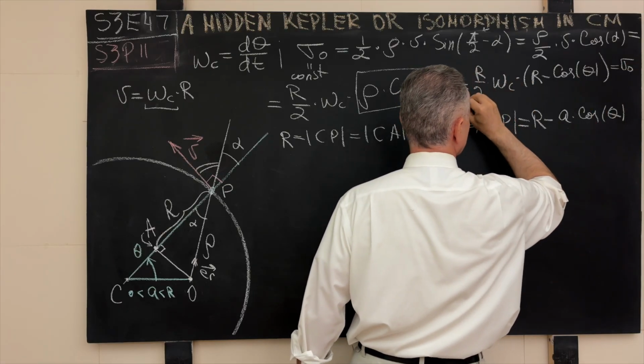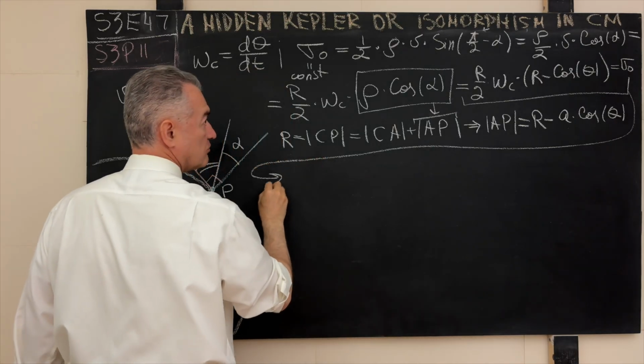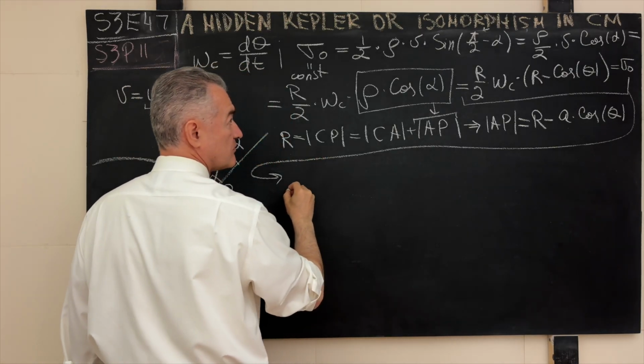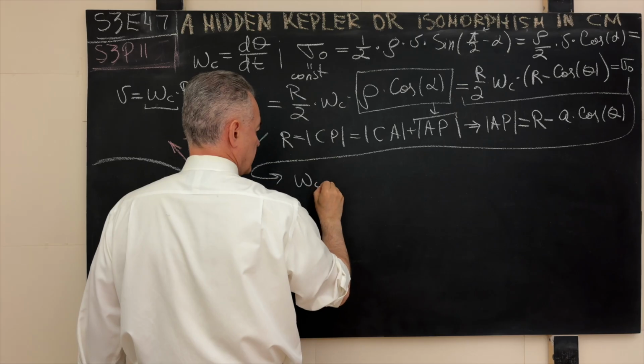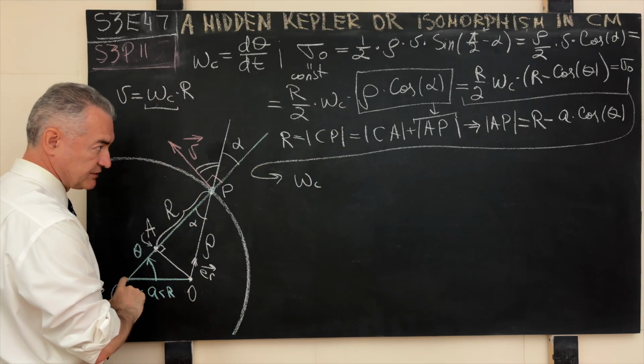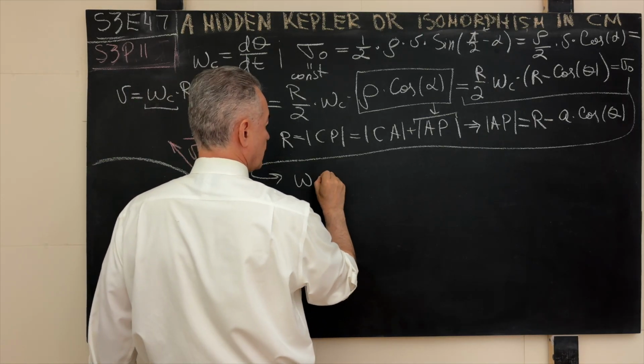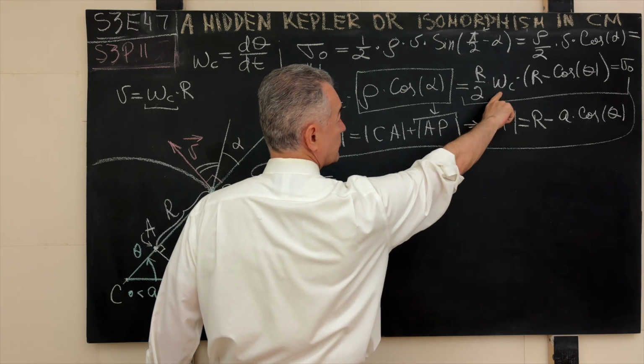So from here, from this relation, let's come over here and we will write it down as follows. Omega c, the angular velocity of the point P on the circle, this time relative to the point C, just to make sure, is equal to, from here we have what?